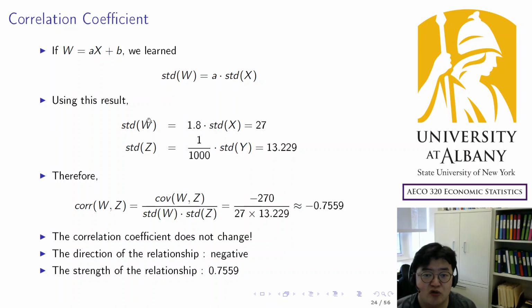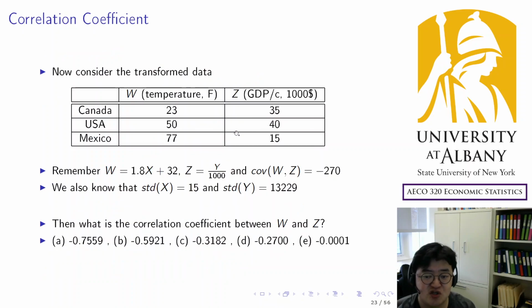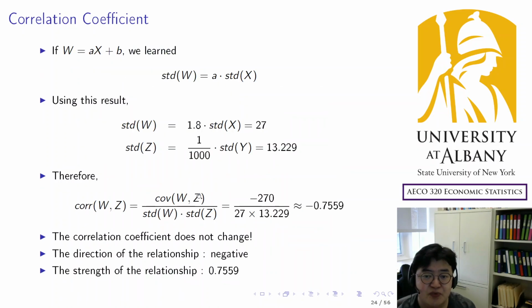So the transformed random variables' standard deviations are calculated like this: 1.8 times the original standard deviation, which was 15, and 1 over 1000 times the original standard deviation. So plug them in here, then you are going to get these numbers.